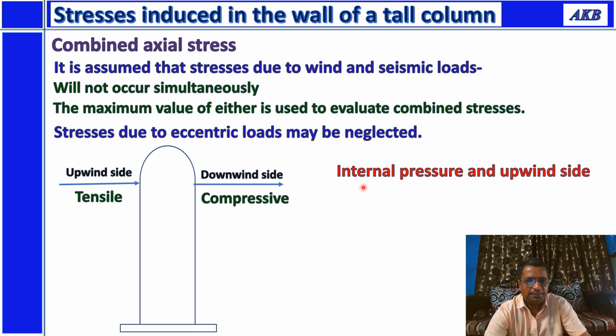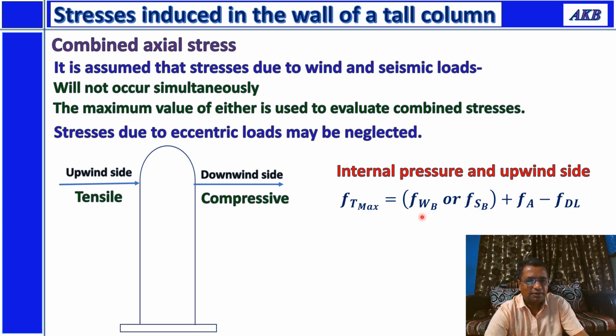If you have to find combined axial stress for the condition of internal pressure and upwind side, then Ft max, the combined tensile stress on the upwind side, the nature of the stress will be tensile, so that's why Ft max will be given as Fwb or Fsb.